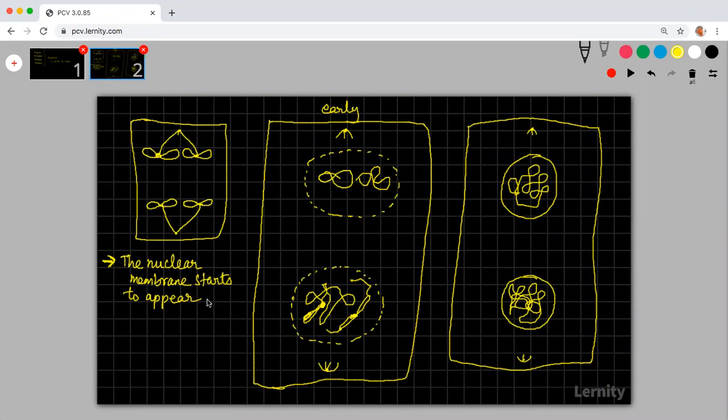And then what are you seeing here? The chromosome loosens up. Yeah, this is all telophase.